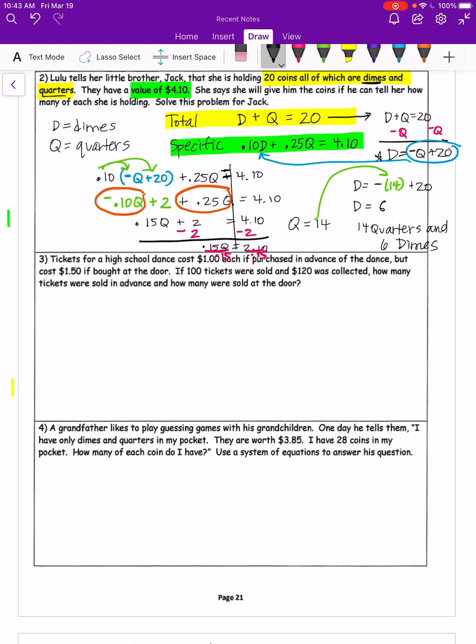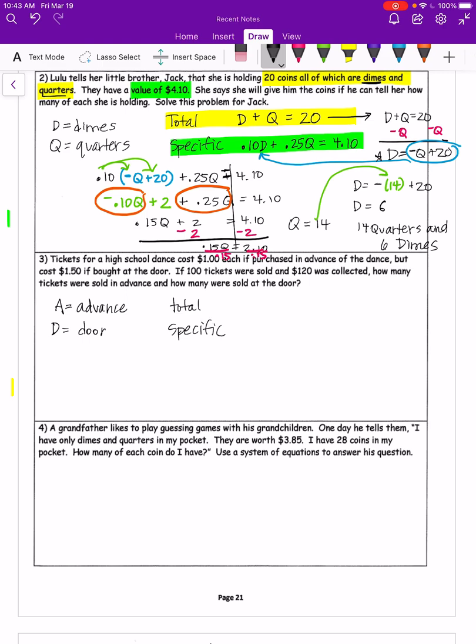So we've got A for advance tickets, meaning sold prior to the dance. And then we have D for the door tickets. You can name the variables whatever you want. I'm choosing that. Next, I'm going to look for a total equation and a specific equation.